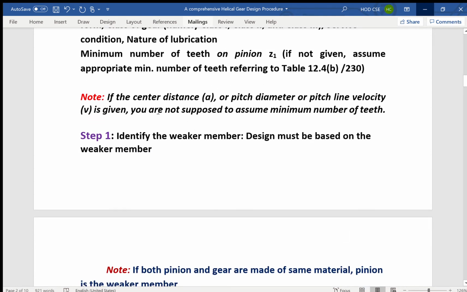Note, if the center distance A or pitch diameter D or pitch line velocity V is given, you are not supposed to assume minimum number of teeth. The pitch diameter may be the diameter of the gear or the diameter of the pinion.